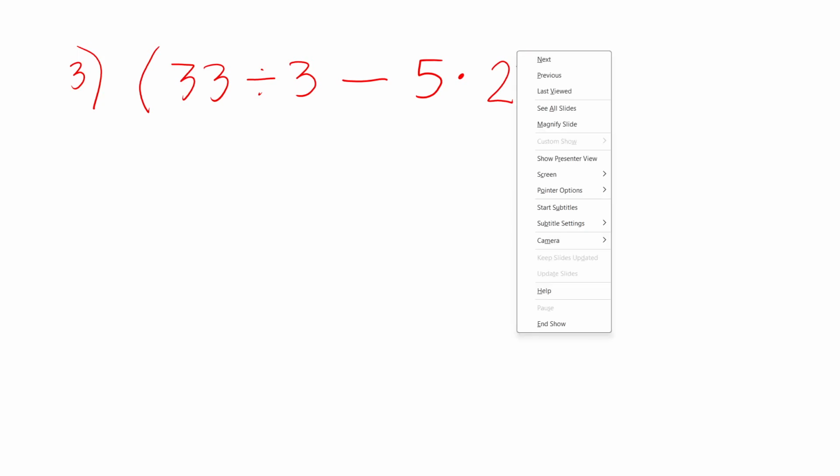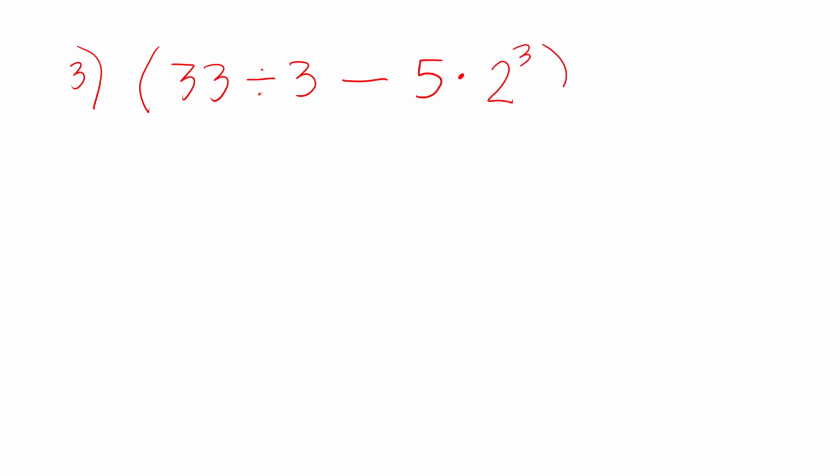Number 3 ta. Okay, number 3. So if I'm gonna give you this one, I'm gonna have 33 divided by 3 minus, let's have 5 times, sorry for that, times 2 cube, then I'll square this.